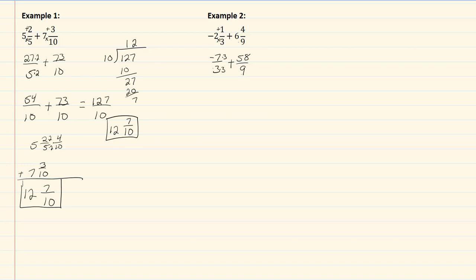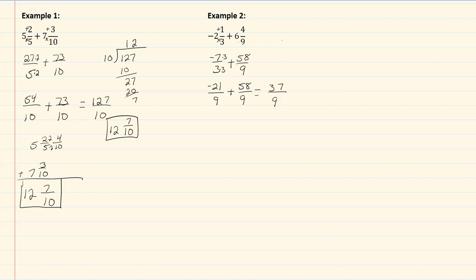So that means I need to multiply this one by 3. So we have negative 21 ninths plus 58 ninths. Adding those together, or in other words subtracting, I get 37 ninths.